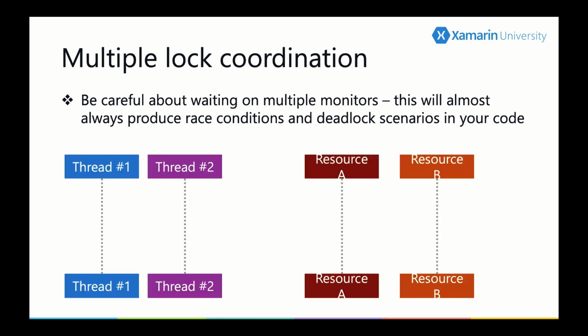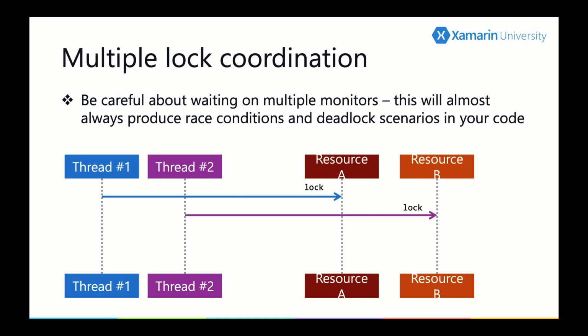Assume two threads and two resources with unique locks. Now we have thread number 1, and it will acquire the lock for resource A. Then we've got our second thread, and it acquires the lock for resource B. Next, thread 1 attempts to acquire the lock for resource B, but it's blocked because thread 2 already owns it.